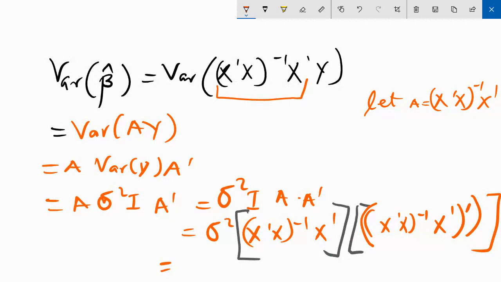When you want to find the covariance matrix, what is the notation?